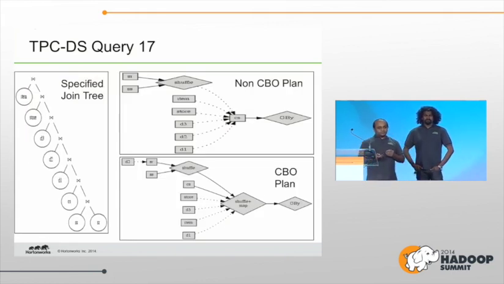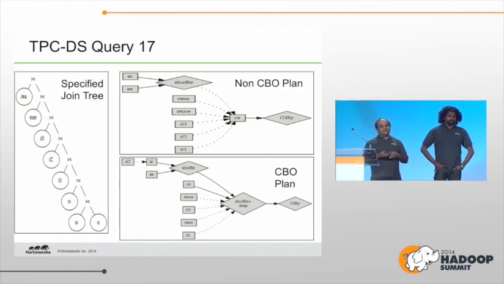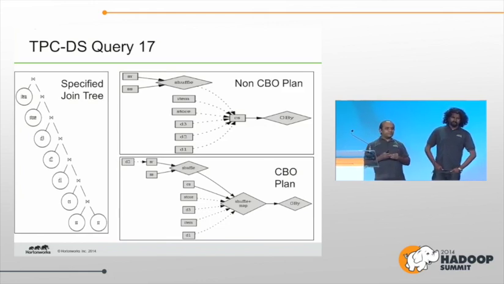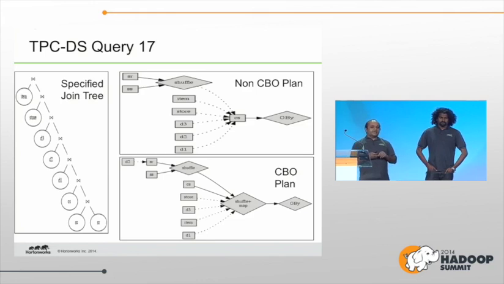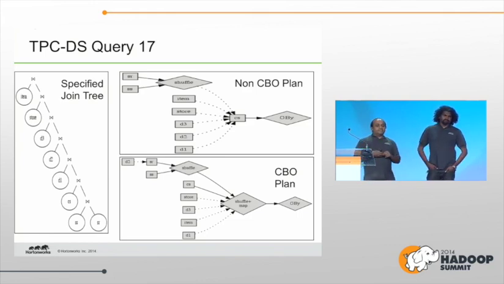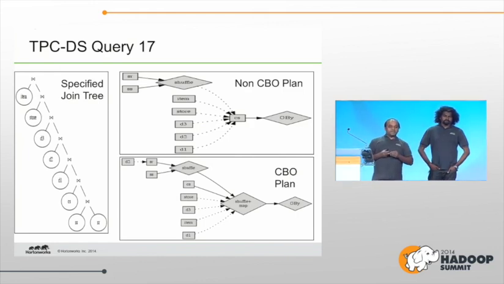A non-CBO plan does a pretty naive join ordering where it joins the 2 fact tables with shuffle joins, and then joins that to another fact table. Then the dimension tables are joined later on, which is not the optimal order of joining. A CBO plan pushes a dimension join to one of the fact tables much earlier, and that reduces the amount of data being shuffled for the later join.